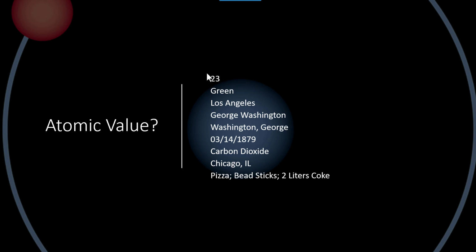So hopefully this gives you a feel for what are atomic values and how they can be used, and in some cases where there may be just a slight gray area depending on semantics and what the intention of the field is.